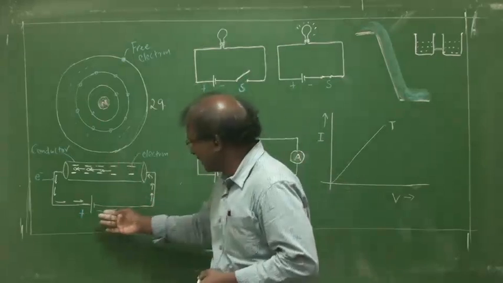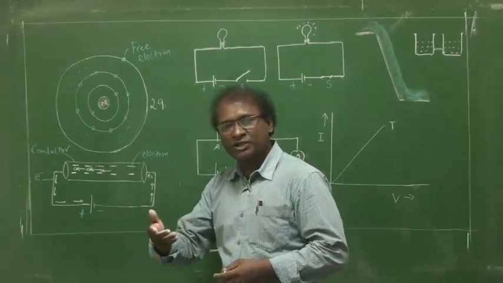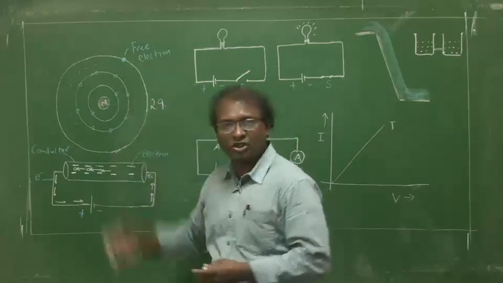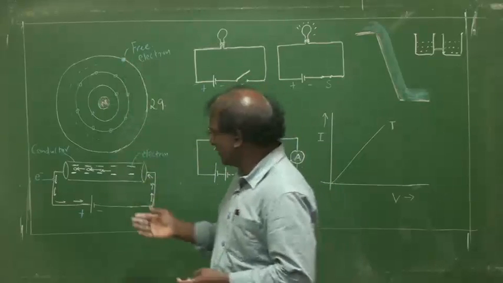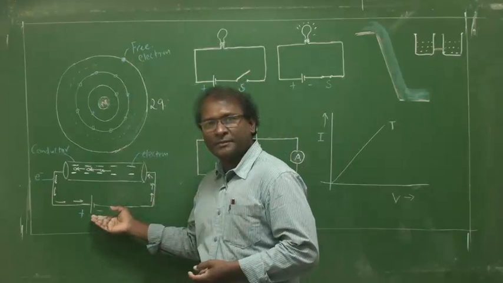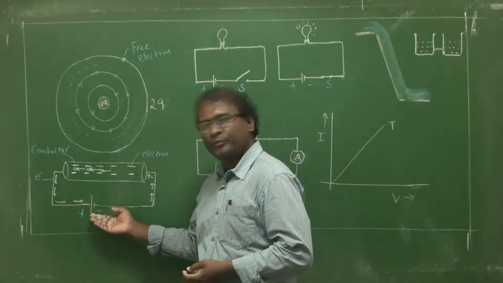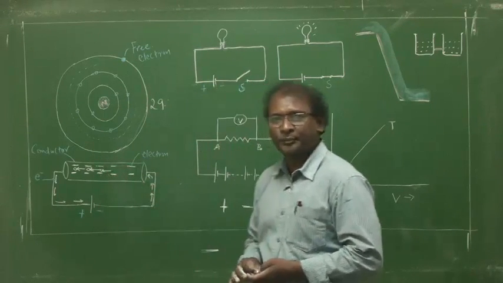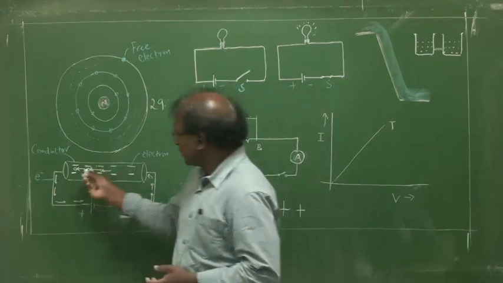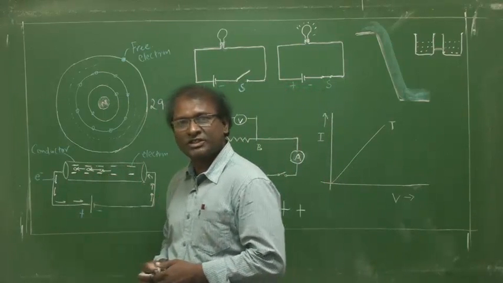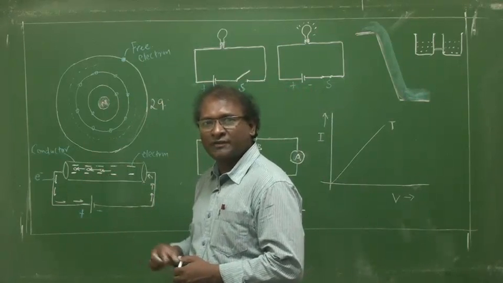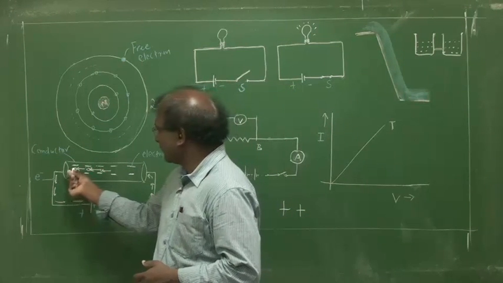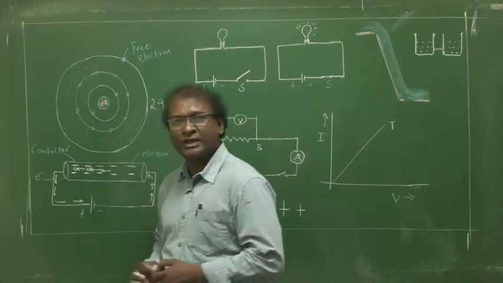What we need is that extra energy, the pumping energy, as I said, for dislodging this free electron. That is being provided by a cell here. The cell excites the electrons. Let's consider one electron which is now kicked out of its parent atom, which comes out to the external wire.